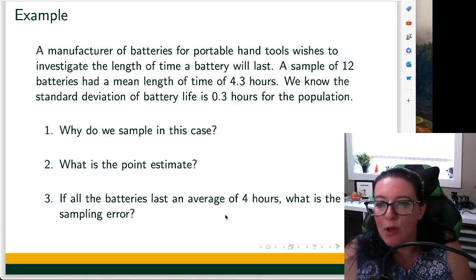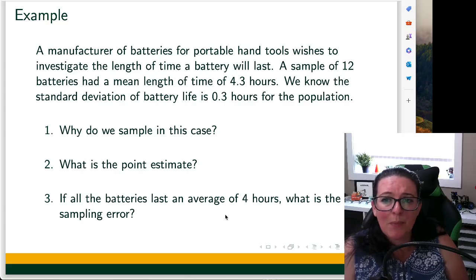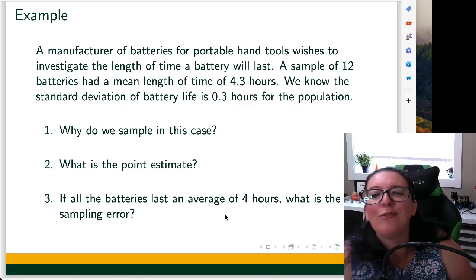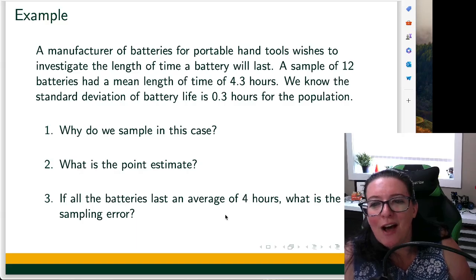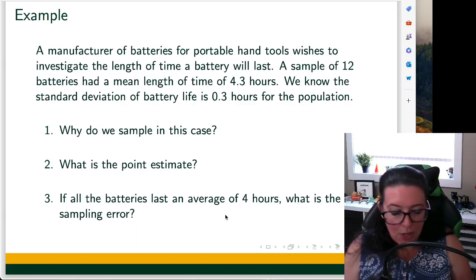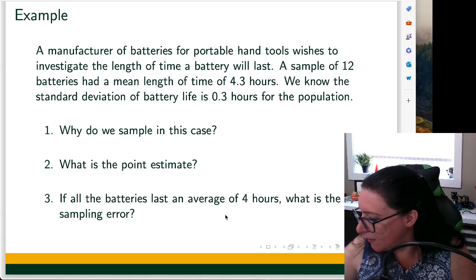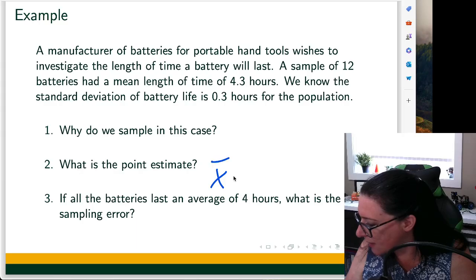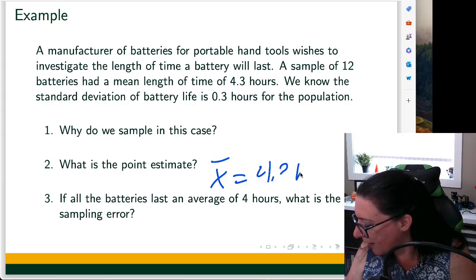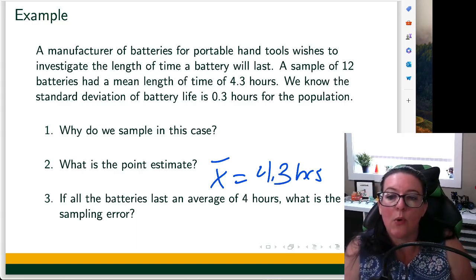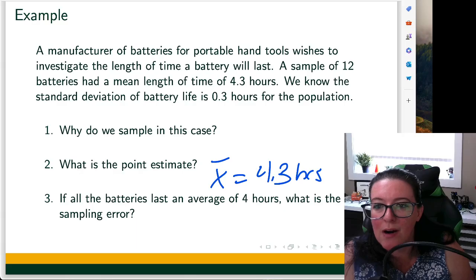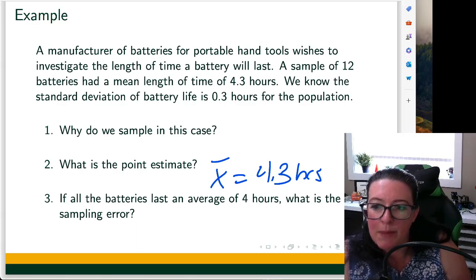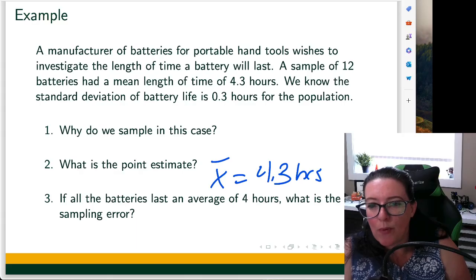So we take a sample of 12. Now that sample of 12, so n equals 12, has a mean length of time of 4.3 hours. So our point estimate here, and here we're dealing with means, so x bar is equal to 4.3 hours. And we are then going to use that x bar to say that the population mean mu is 4.3.